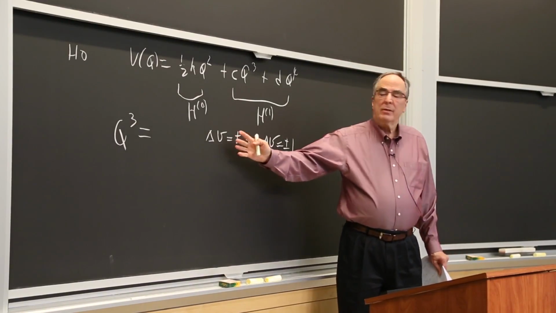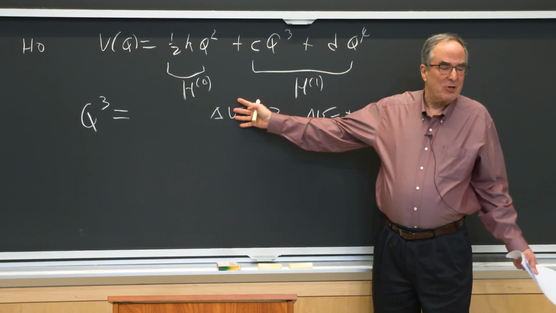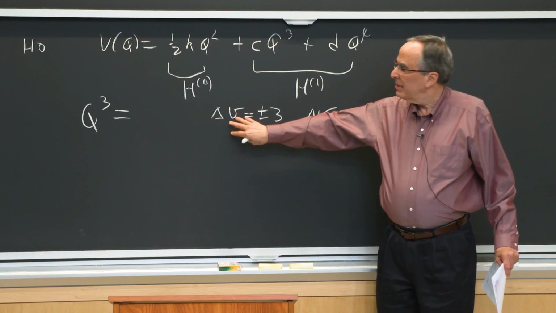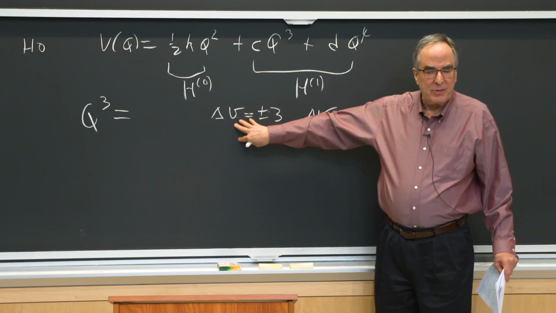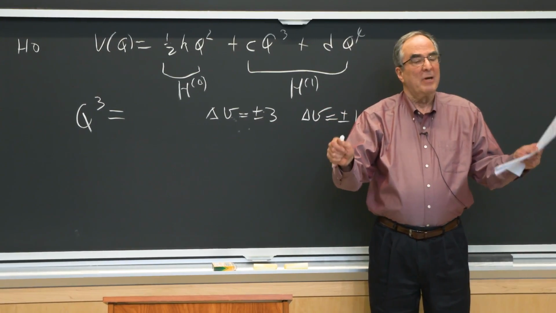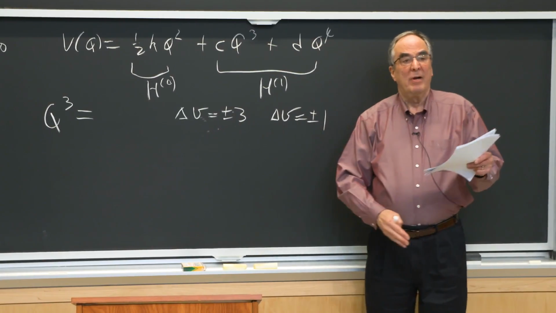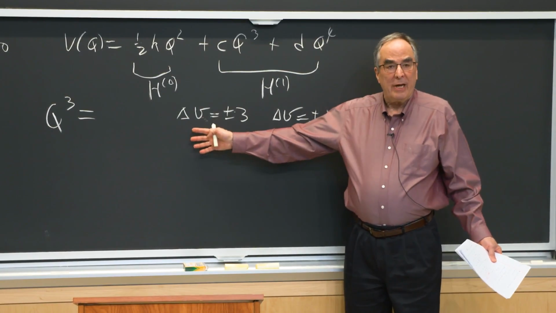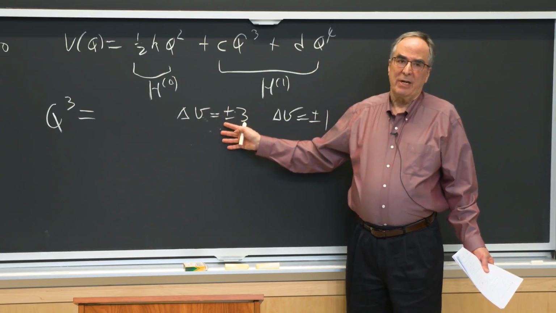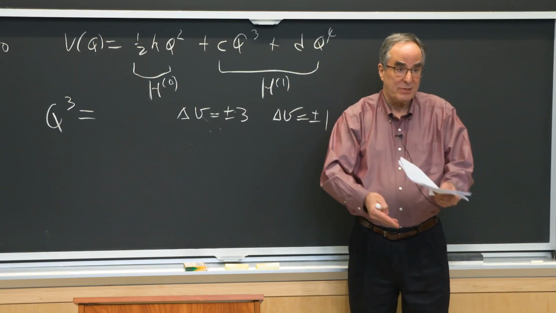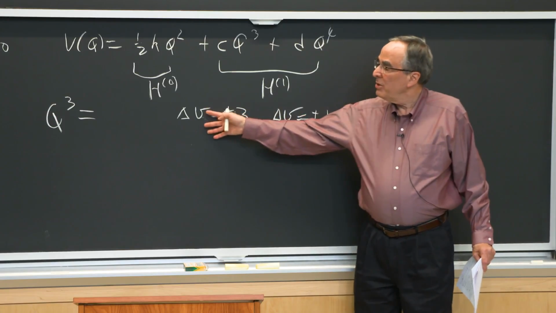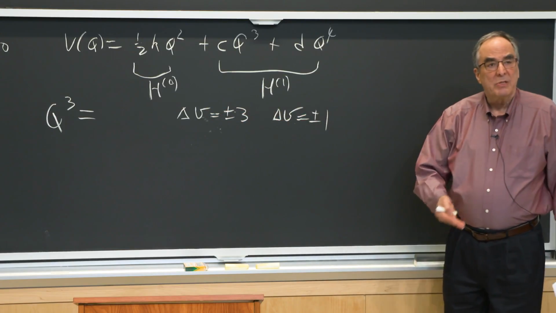And what I told you is, if you're going to do the algebra, which you probably don't want to ever do, you're going to want to combine the delta v of plus 3 and minus 3 terms in the perturbation sum, because the algebra simplifies. They have similar expressions, and you have a denominator which is 3 h bar omega, or 3 hc omega, and minus 3 hc omega. That factors out, and you just have a plus 3 and minus 3 in the denominator. And similarly here. So when you do this, you lose the highest order term.